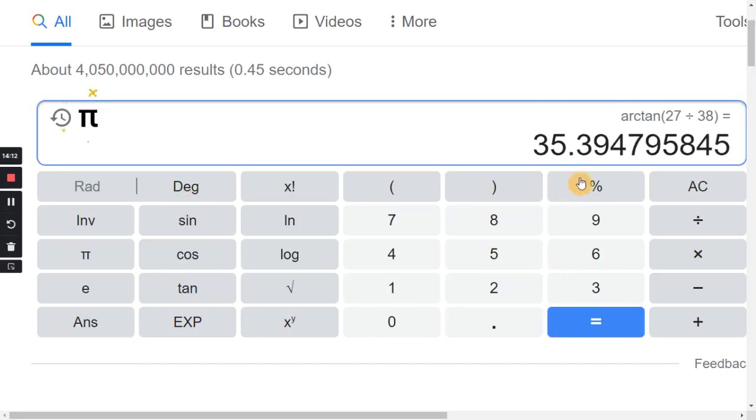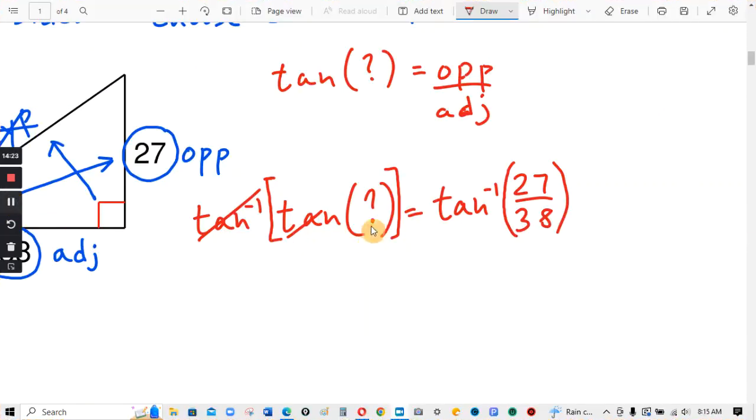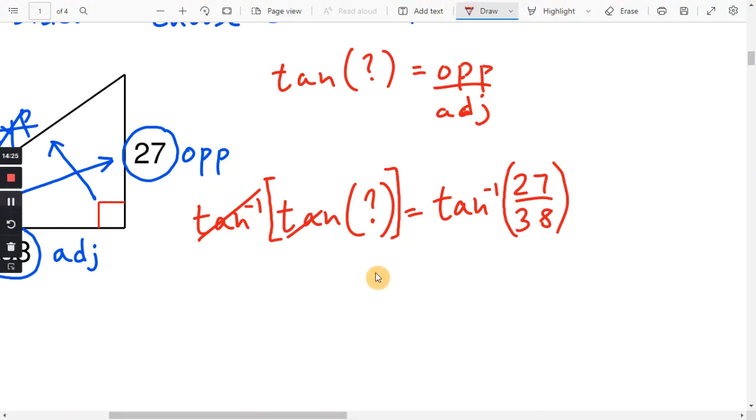Okay, they said the nearest degree. If the decimal is less than 5, you round it down. So since it's a 3, this is just going to be 35. All right, so the angle, the question mark, equals 35. And that's in degrees.